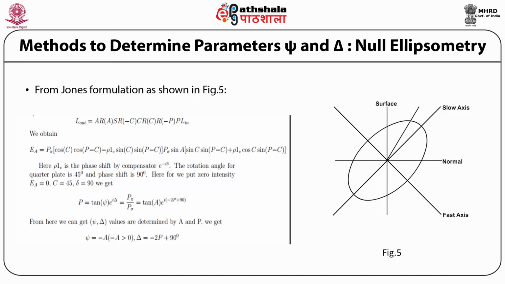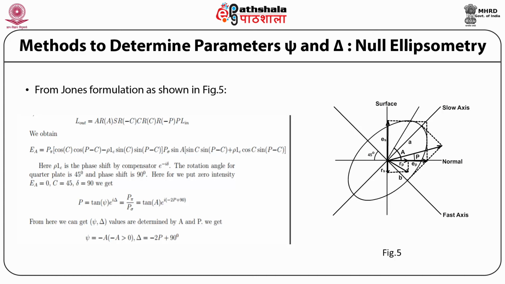So we get ρ equal to tan ψ e raised to iδ, which equals P_π by P_σ and is equal to tan A e raised to iota within the brackets minus 2P plus 90.